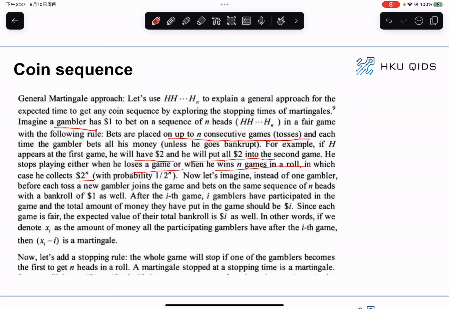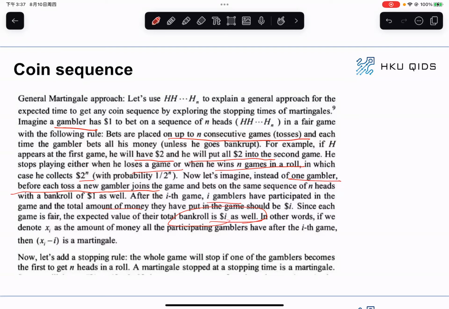And now, instead of one gambler, before each toss, a new gambler is going to join the game and bet on the same sequence of n heads with a bankroll of $1 as well. After the i-th game, there will be in total i gamblers, and the total money they have placed will be the same as the total bankroll, which is $i as well.